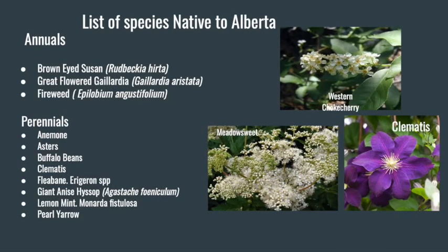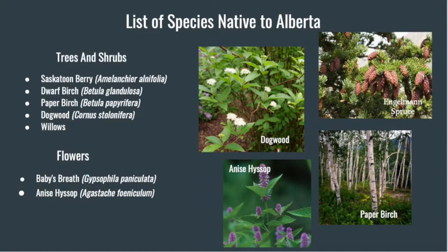Some native species to Alberta are annuals such as brown-eyed Susan, great-flowered gaillardia, and fireweed, and some perennials are asters, buffalo beans, clematis, lemon mint, and pearl yarrow. Moving on to the trees and shrubs are Saskatoon berry, paper birch, dogwood, and willows, and flowers such as baby's breath and anise hyssop.